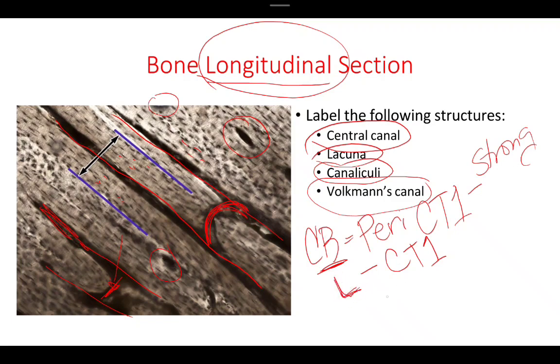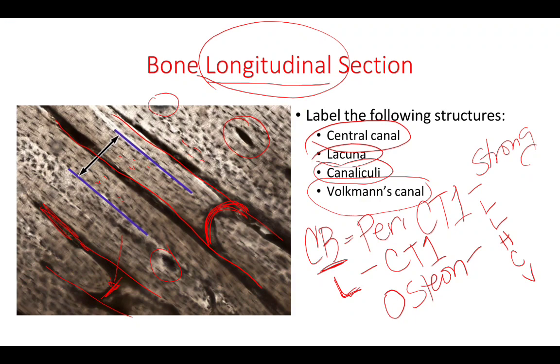Your compact bone is made up of multiple osteons. Ano mga parts ng osteons? You have your lacuna, lamella, Haversian canal, canaliculi. Ano pa? You also have your Volkmann's canal. That is your assignment: how can you make a detailed diagram or detailed description of the following parts of the compact bone.